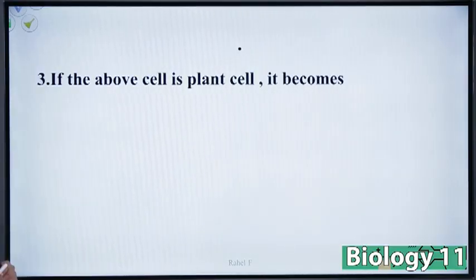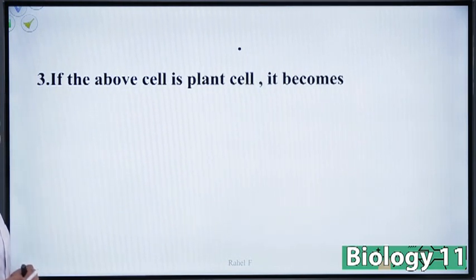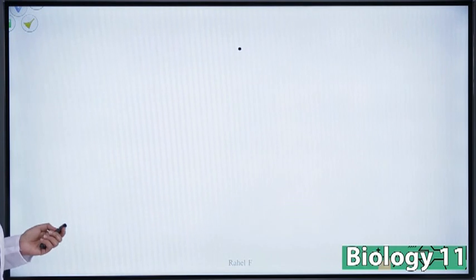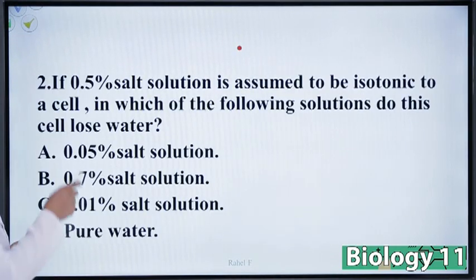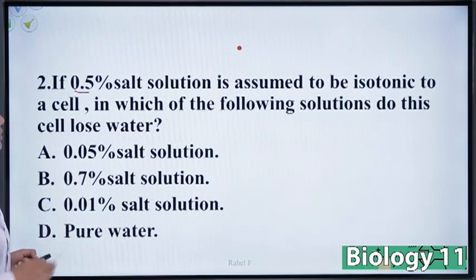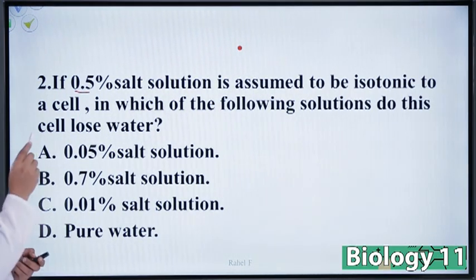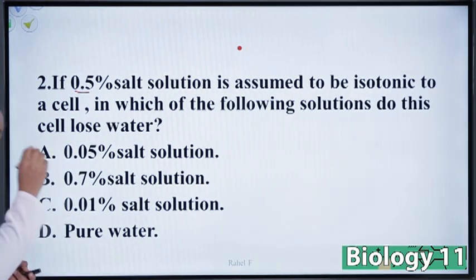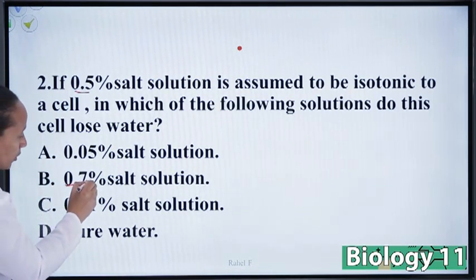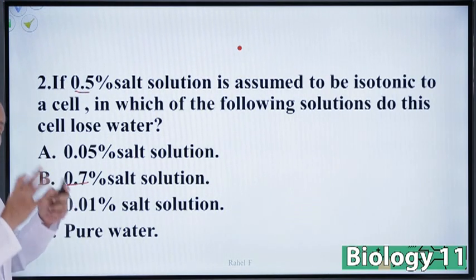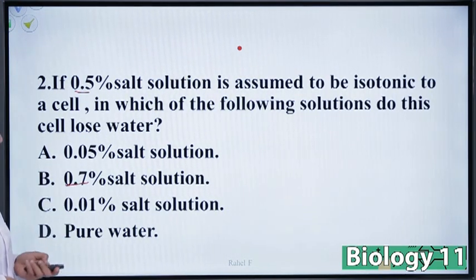If the above cell is a plant cell, what does it become? In our previous question, our cell was placed under 0.5% salt solution, and if this cell loses water under 0.7% salt solution, that means the cell is under hypertonic condition.